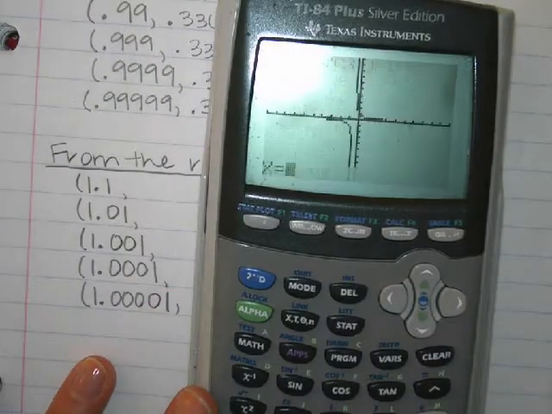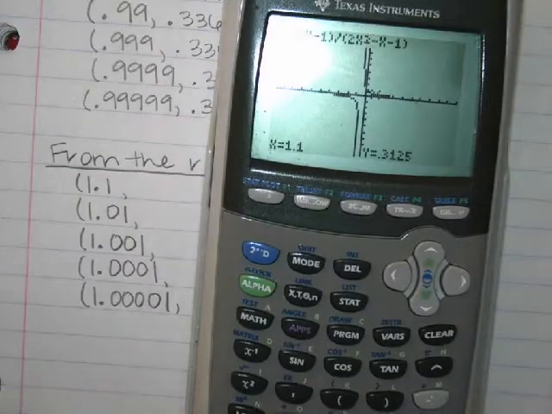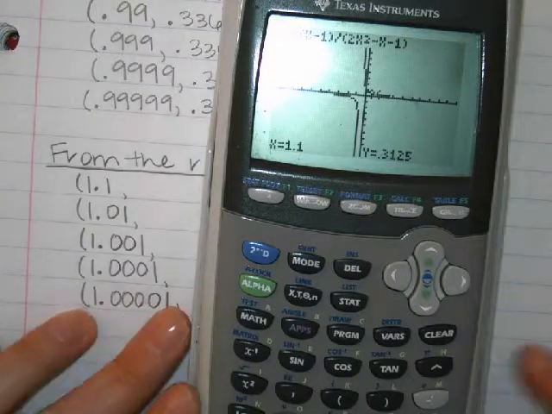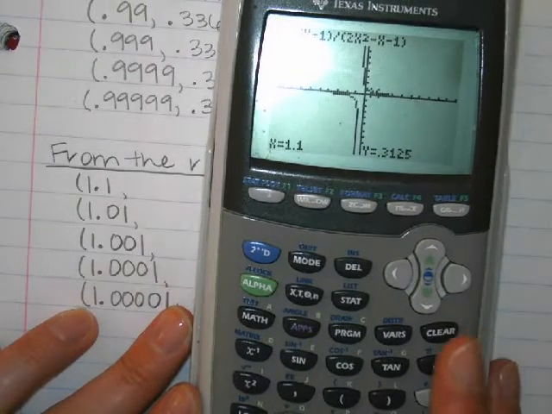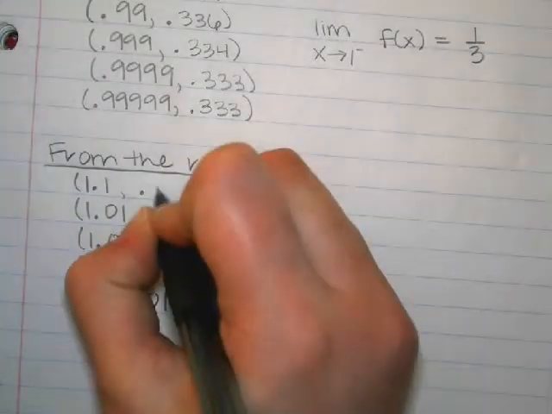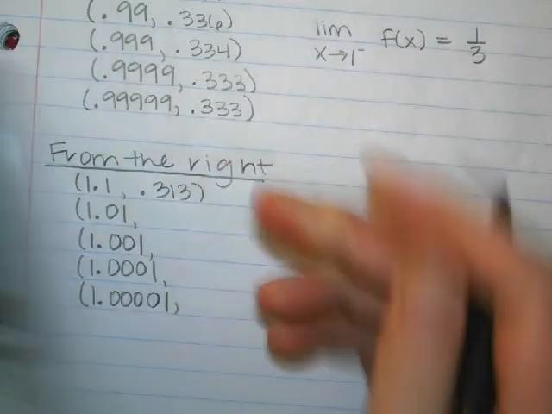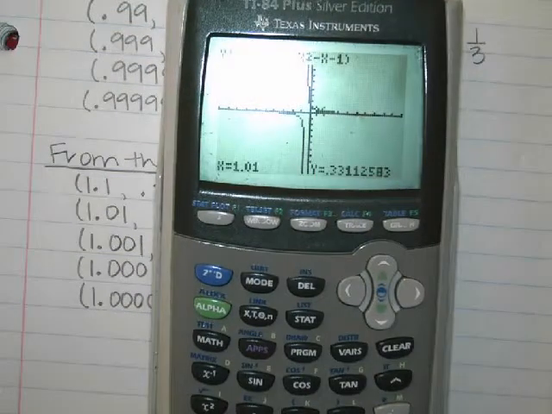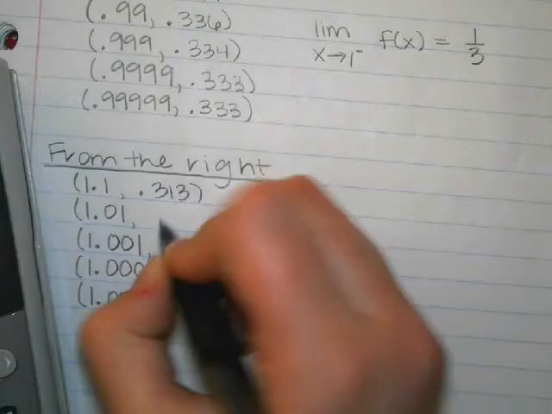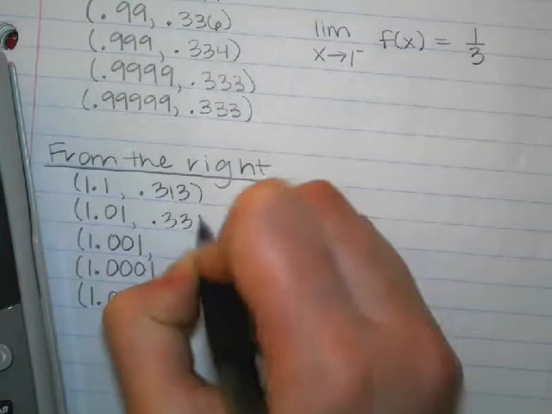So I'm going to plug in 1.1, and what do I get? 0.313. If I plug in 1.01, 0.331.